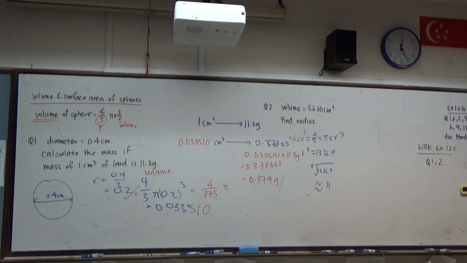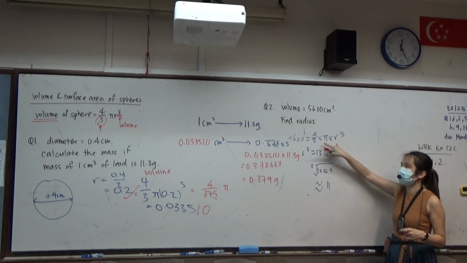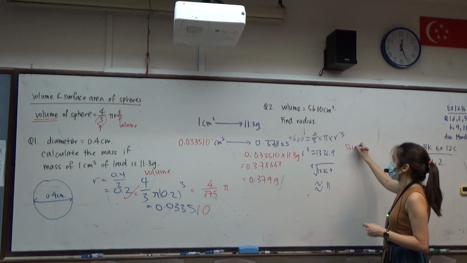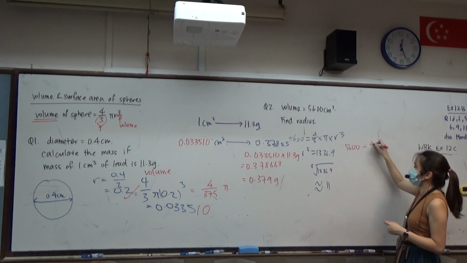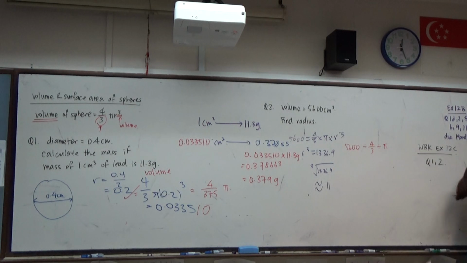Next one, question 2. We have the volume to be 5,600 cm cube, and we want to find out the radius. What Joshua has here is to put in the volume and use the formula 4 over 3 pi r cubed. Upon taking 5,600 divided by 4 over 3 and divided by pi, he got 1336.9, very good accuracy, truncated to 5 sf first.